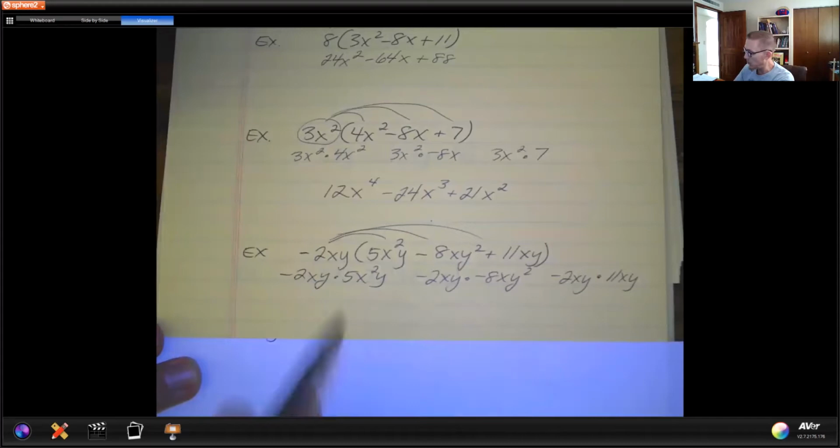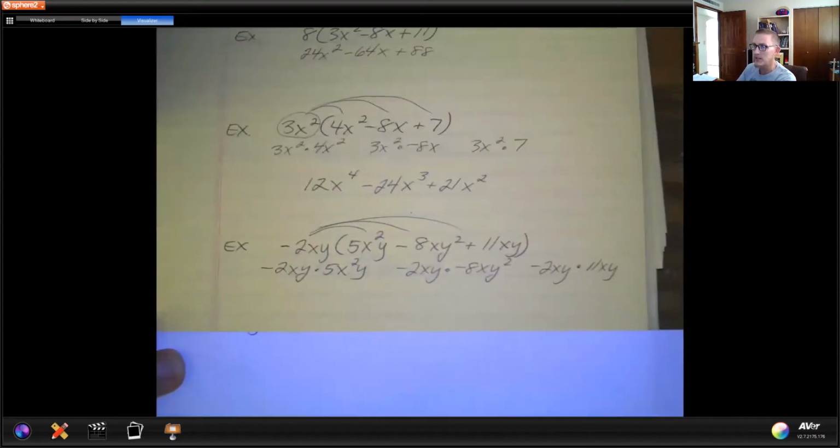So the negative 2xy is just going to get sent in and multiplied to everything. And you don't have to show that in between step of work, but if it helps, go for it. What I'd like you to do right now is go ahead and pause this and finish this problem and get the answer before it's shown to you.